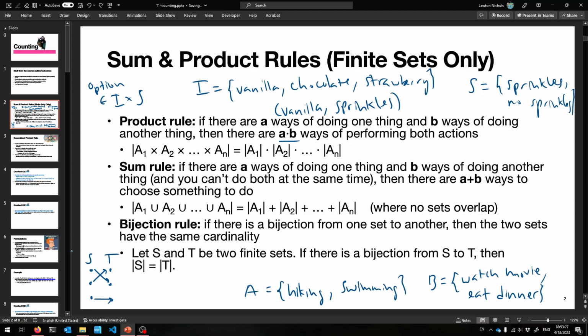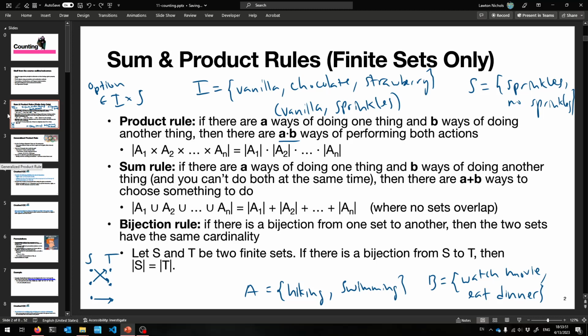Okay? So if there's a bijection from S to t, the only way for it to be one-to-one and onto is if those sets are equal in size. Because you can't have overlap. Like maybe there was no second thing. For it to be onto, it needs to hit everybody, for example. So hopefully that makes enough sense. If you have a bijection, the sets must have the same size.